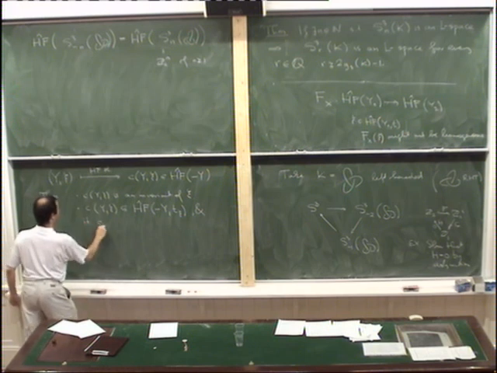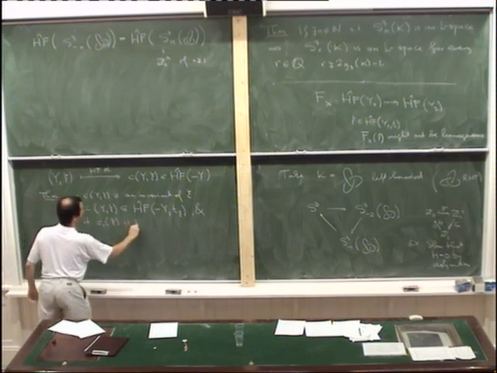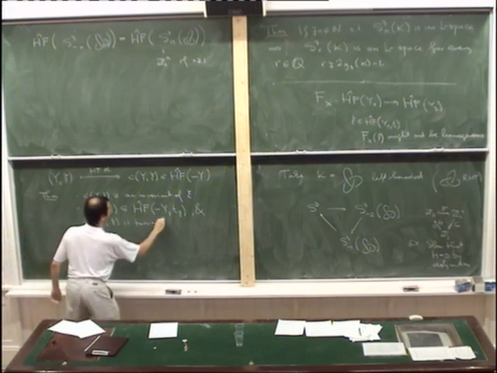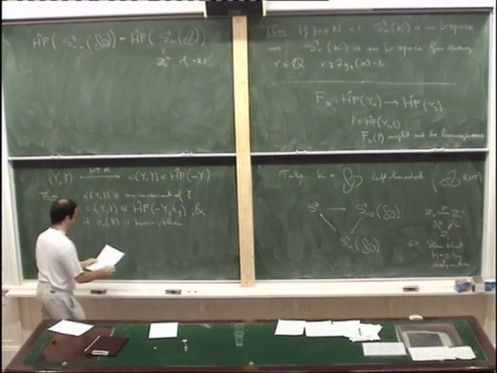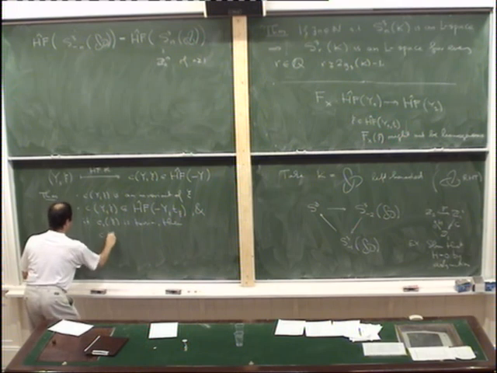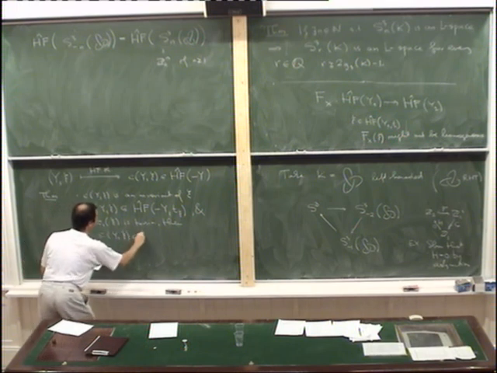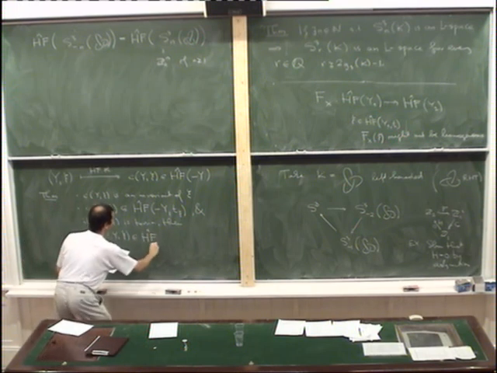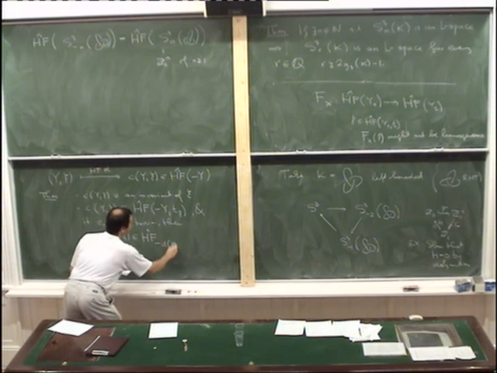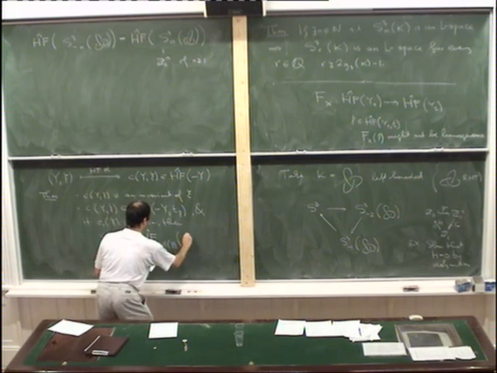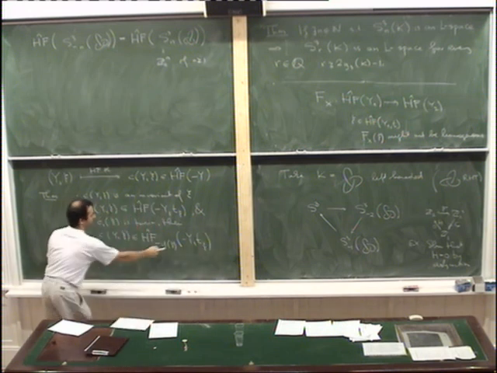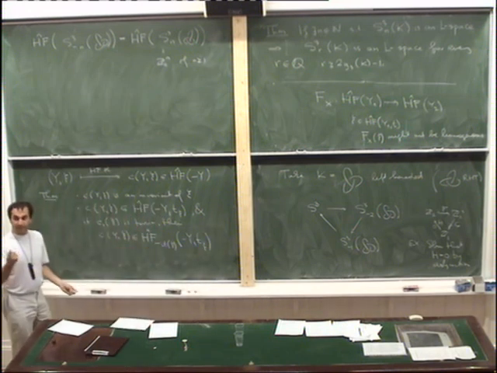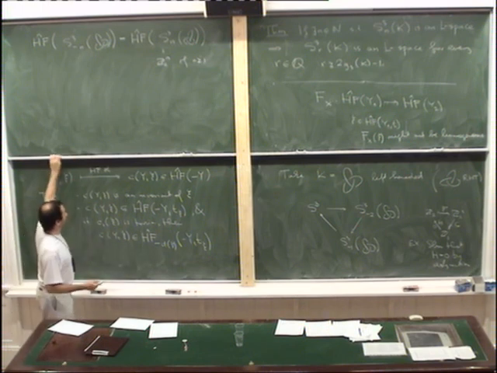if c1 of psi is torsion, then the invariant will live in HF hat of minus Y, t psi, in grading minus d psi, where this is the framing invariant I was talking about yesterday, corresponding to the two-plane field.